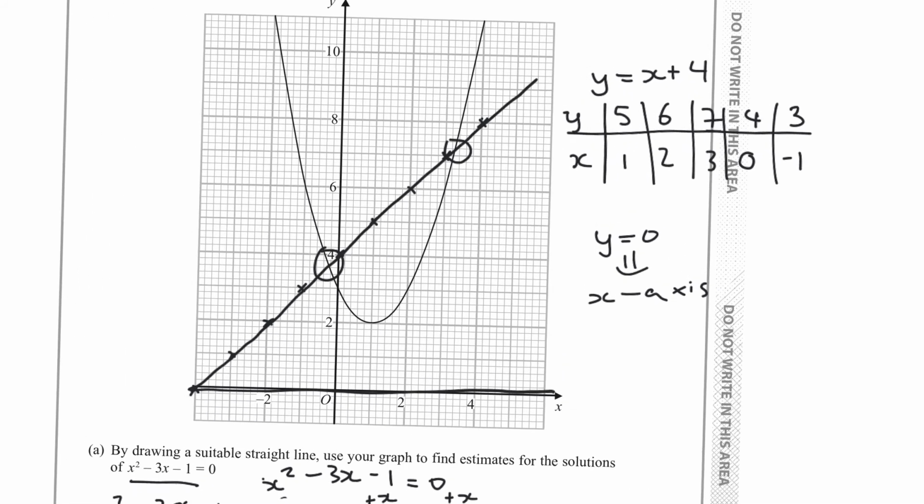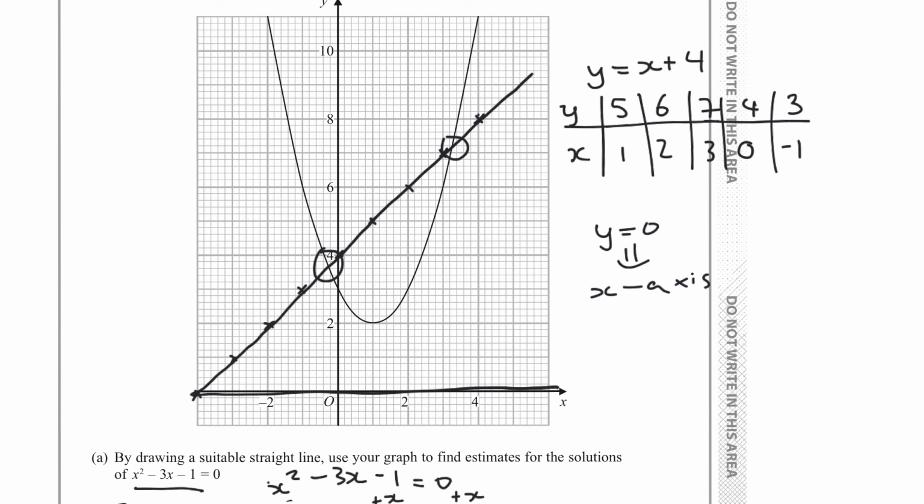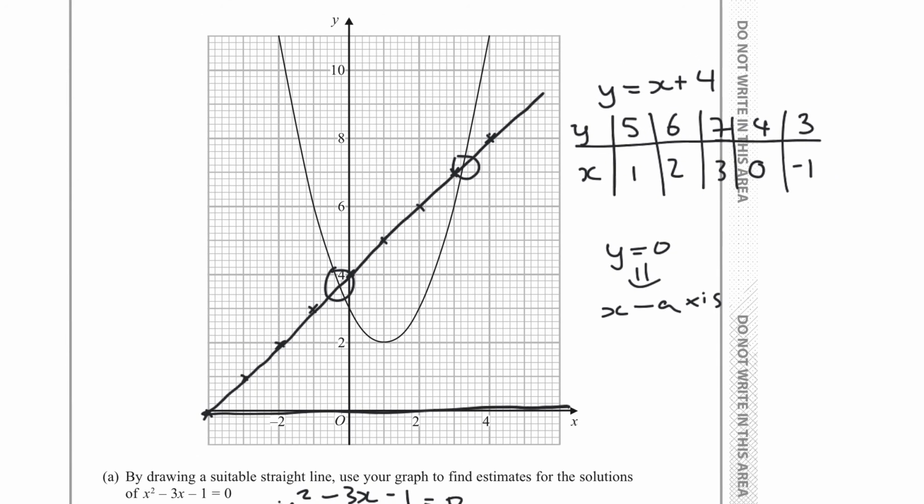So if we now zoom in to have a look at them, so the first point there, if I remove the first point, the coordinates would be, so the x value looks like it is crossing 3.2, and the y value is crossing 7, roughly. And down here, the x value is crossing minus 0.3.